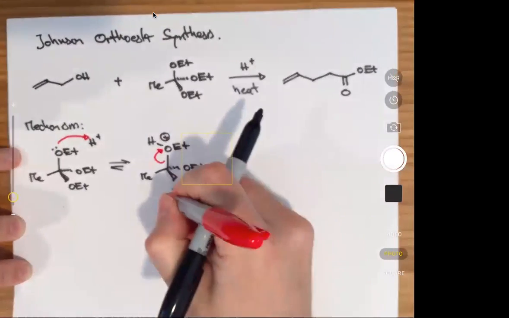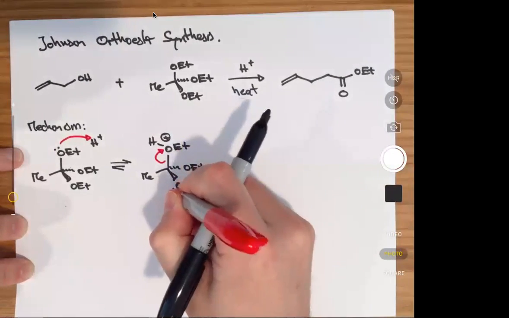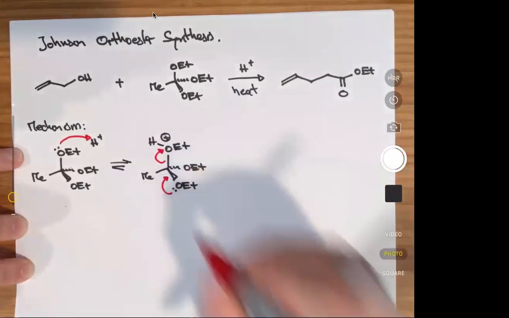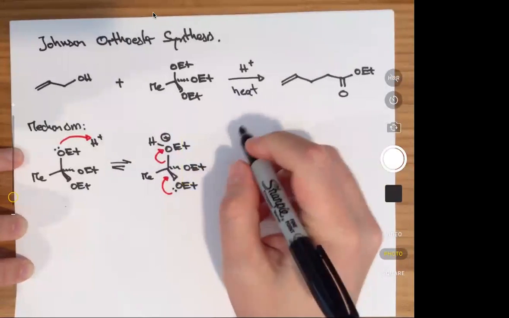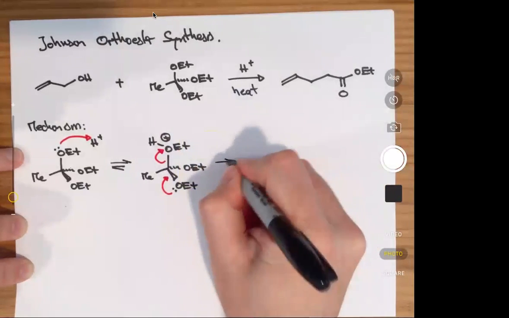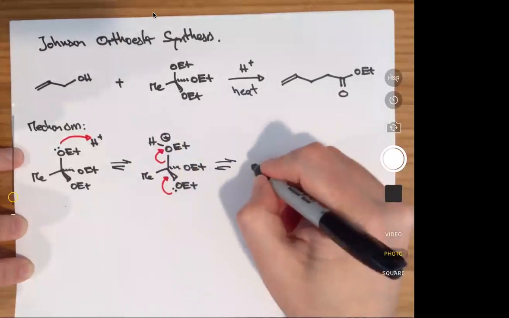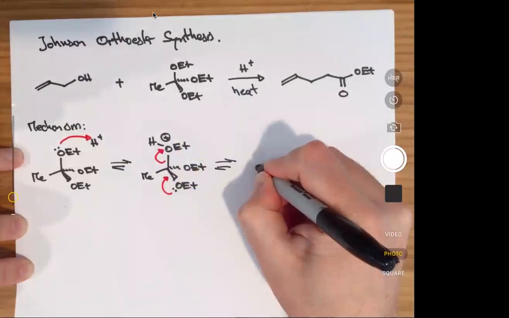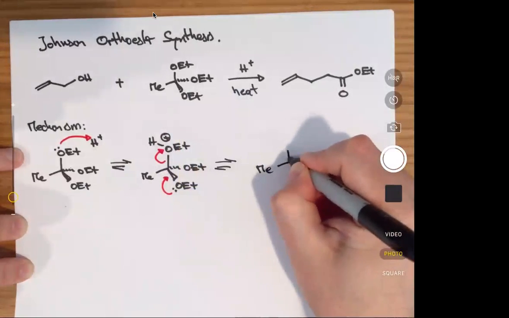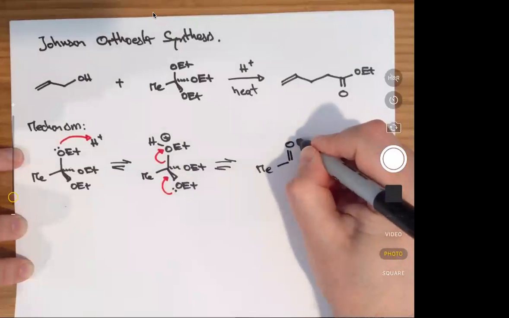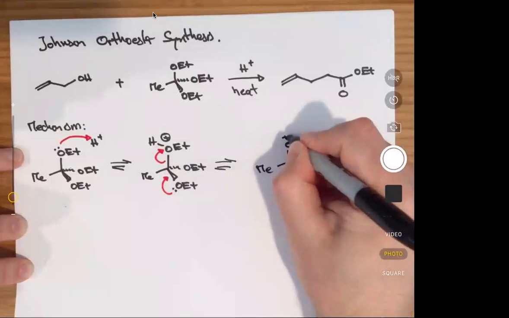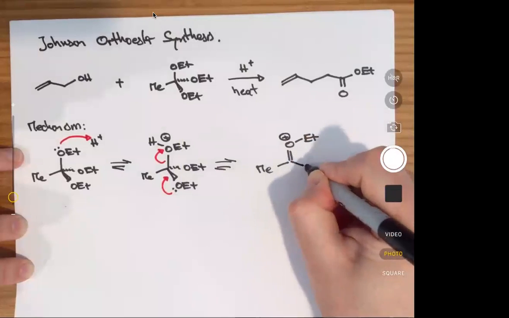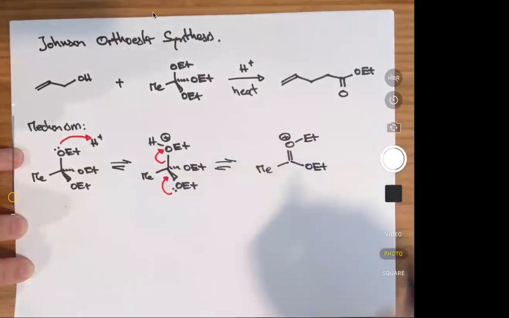And to stabilize this carbocation that is forming, we can push the electrons in from one of these oxygens to form essentially an activated carbonyl. And you'll recognize this very quickly as an activated form of an ester. So if we do OEt here, now it's a positive charge here, and we have another ethyl group here.